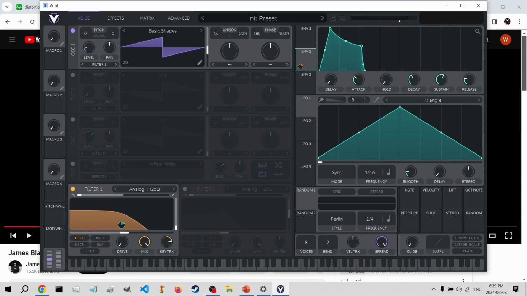Just hooking up a volume and an ADSR envelope to, for example, the cutoff of your filter is a common way to make it a little more dynamic. It's something you can probably notice in the examples we've already played.